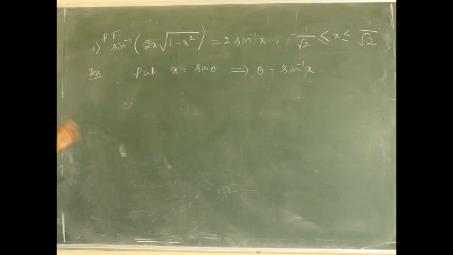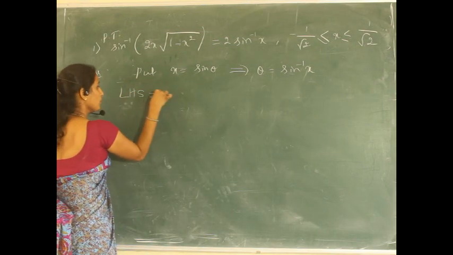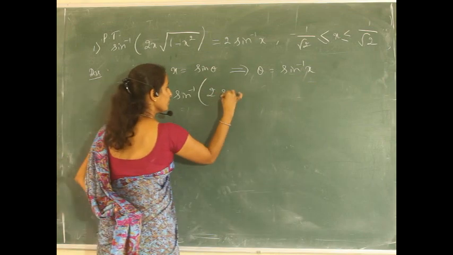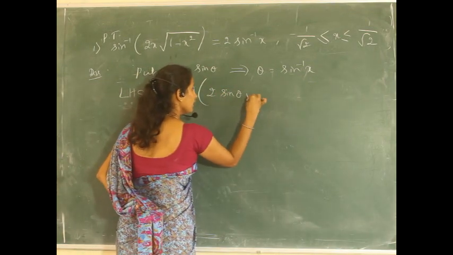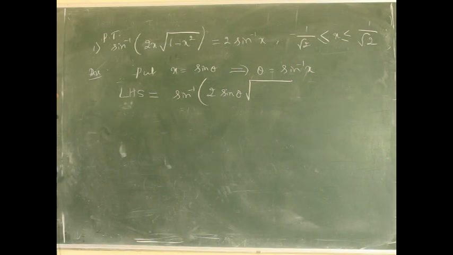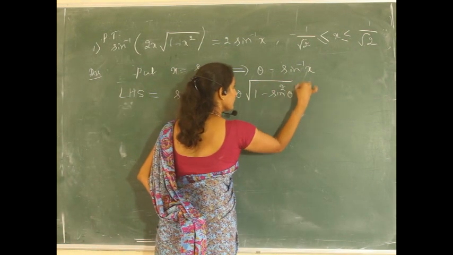Now I'll substitute these values in the given problem. The left hand side is equal to sine inverse of 2 into sine theta into square root of 1 minus sine square theta.